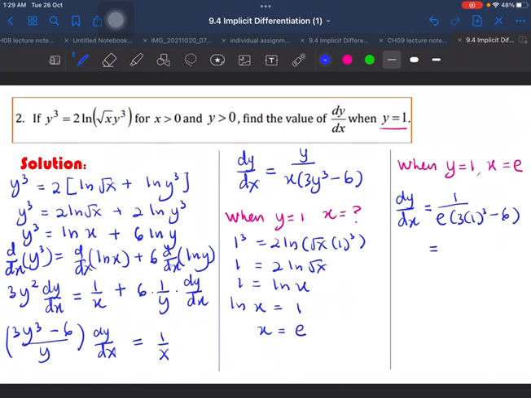And then we simplify, we get the answer is negative 1 over 3e. dy over dx is equal to negative 1 over 3e.